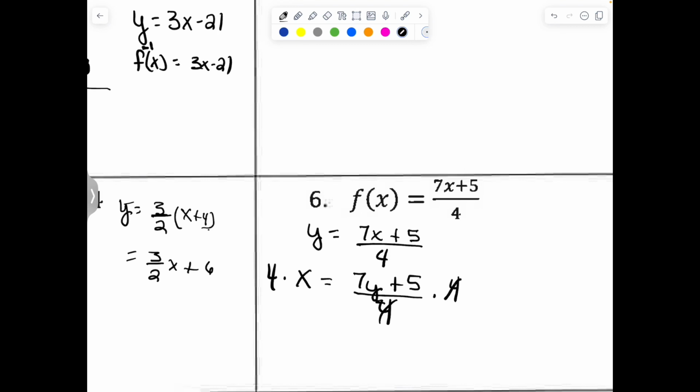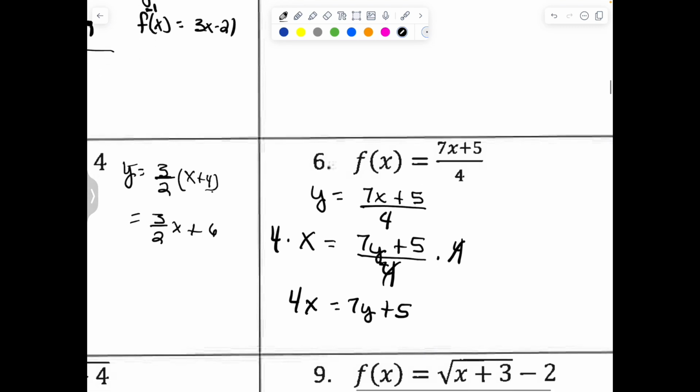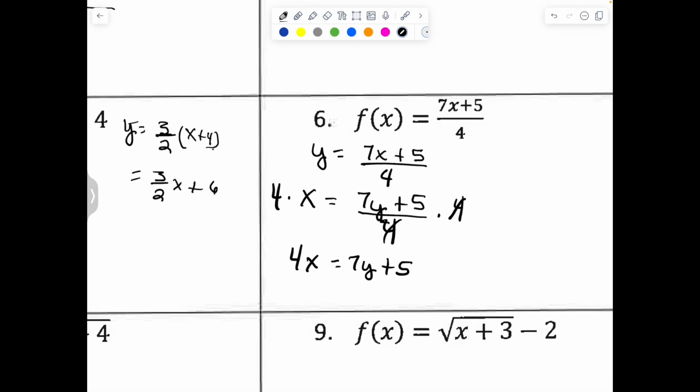So this 4 and this 4 cancel, and I am left with 4x is equal to 7y plus 5. Now, I'm going to do what I did before. I'm going to get rid of the 5 because we're adding that. 4x and 5 are not like terms, so I get 4x minus 5 is equal to 7y. And then to get y by itself, I'm going to divide by 7.